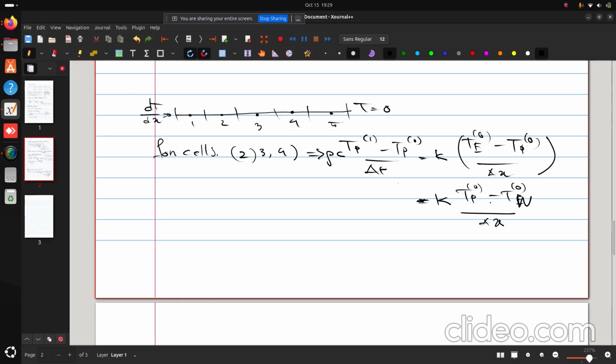But what about the two boundary points? So let's write for them as well. For cell 1, what do we have? We have dT by dx at the west boundary, right? At the west boundary it is 0. So we will be only left with the east boundary diffusion flux.